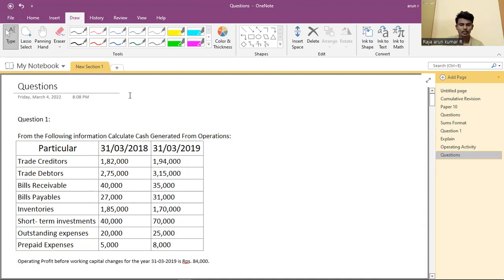Okay, like that. In the twisted questions, they ask about provisions. Provisions like provision for depreciation will not be taken in current liabilities. If they give provision for investment, like that, that time provision will not be taken.